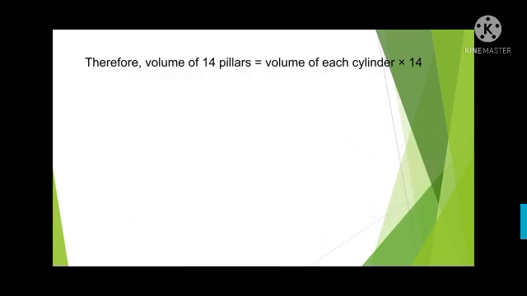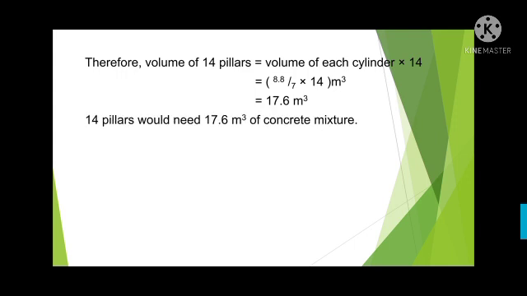Now we have to calculate the volume of 14 pillars, because 14 pillars are required to be built. Now the volume of each cylinder, means each pillar, into 14. We got this answer, which is 17.6 meter cube. Now 14 pillars would need 17.6 meter cube of concrete mixture. This is the answer, and we have to state it at the end.